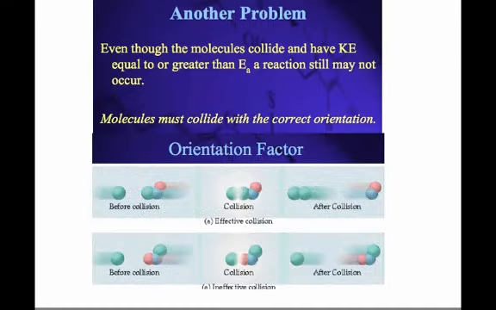All right, let's see if we can wrap this up here, because there's one more thing we need to talk about, and that last thing is that not only do the particles have to collide together, not only do they have to have enough energy to react, but they also have to have the correct orientation. They have to be arranged the right way. So what we have here is a molecule. There's a red one, and there's a blue one here.